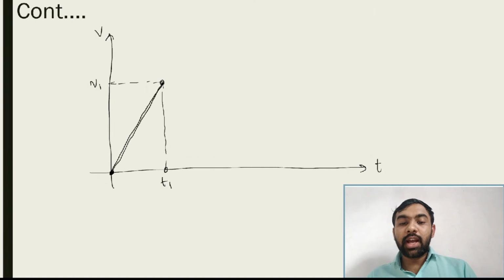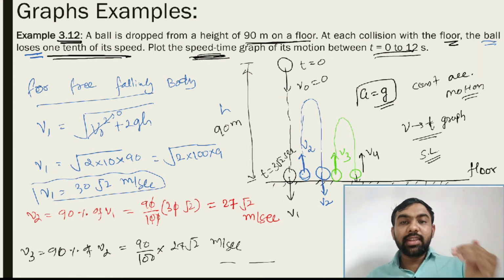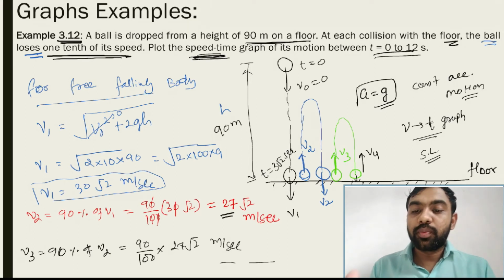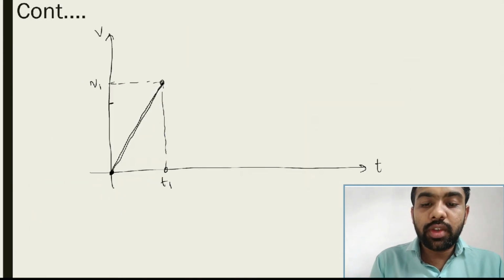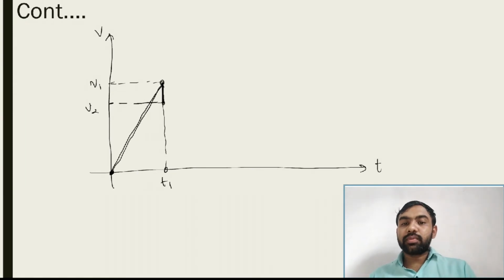So first graph. Now it's rebounded, moving with the speed v2, but v2 is slightly less than v1. What is this? 27 root 2. So suppose here is this v2 speed, it's the rebounding speed.